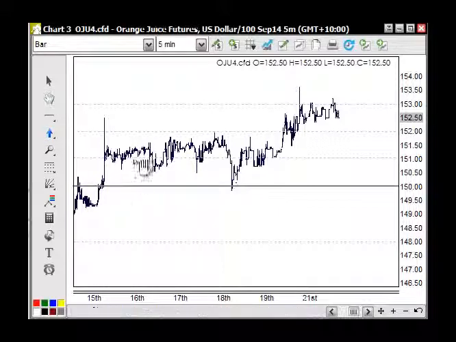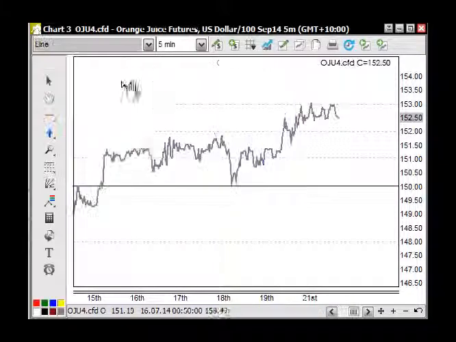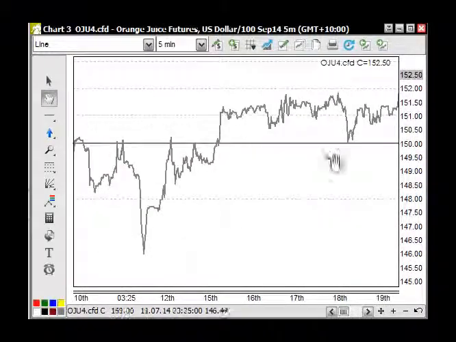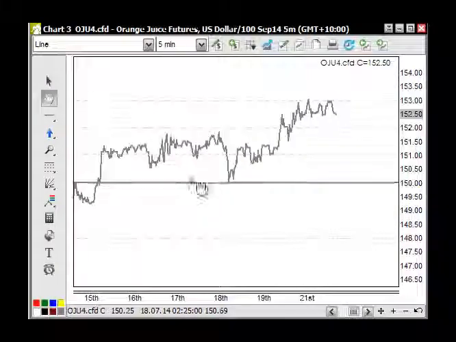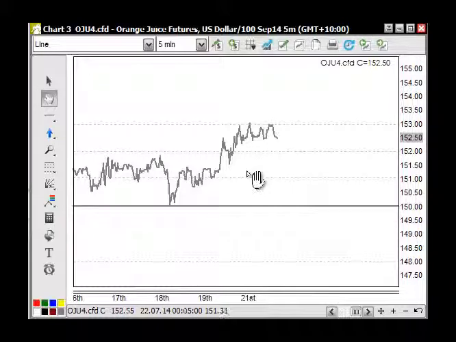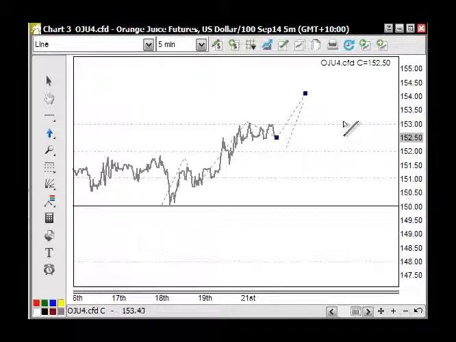So I'll just change this to make it a little bit better here. So this is wave C moving up through here that we're looking at. Now, it's possible that this can move from here, one more little move up through here if we're looking at this as 1, 2, 3, 4 and 5 here. So it can move up to 153.50, 154.